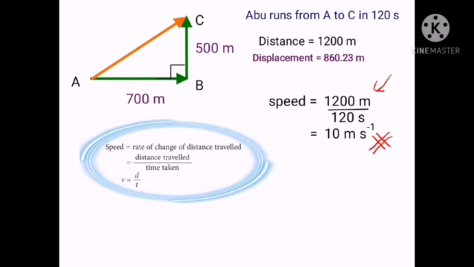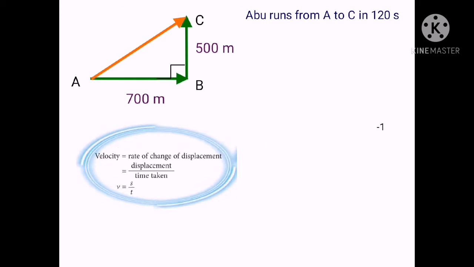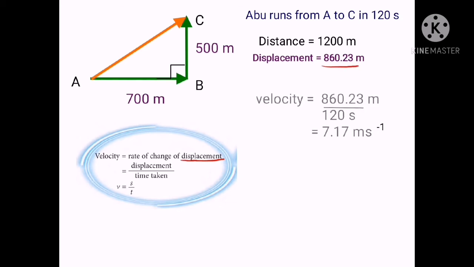Now, what about the velocity? Alright, remember, velocity means rate of change of displacement. The formula would be displacement divided by time taken. Alright, our displacement was 860.23 meter. The time taken is still 120 seconds.